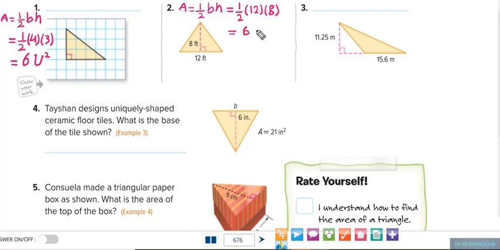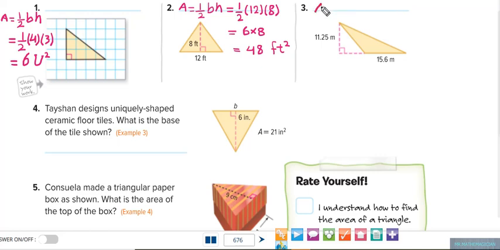You leave the 8 as is. So 6 by 8 is 48 feet squared. You can also multiply the 8 by the 12. 8 by 12 will give you 96. Half of 96 also 48. It's up to you.